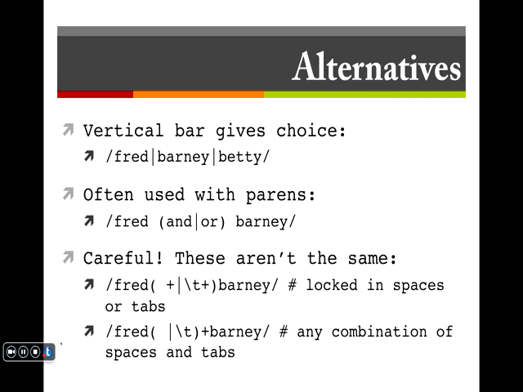Be careful, because if I do those two expressions, they are totally different. If I put a plus, which, as you remember, allows us to do one or more repetitions of the preceding character, inside the parentheses it has one meaning, whereas outside the parentheses it has a different meaning. Here what will happen is choosing one or the other.